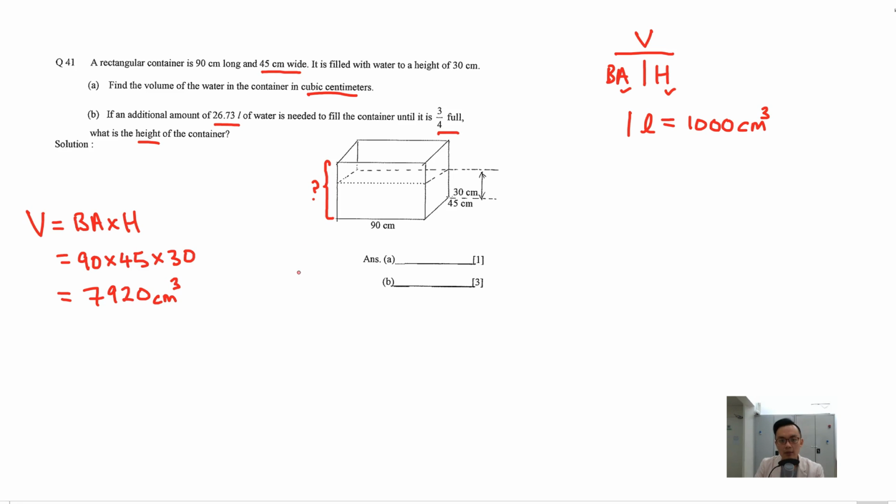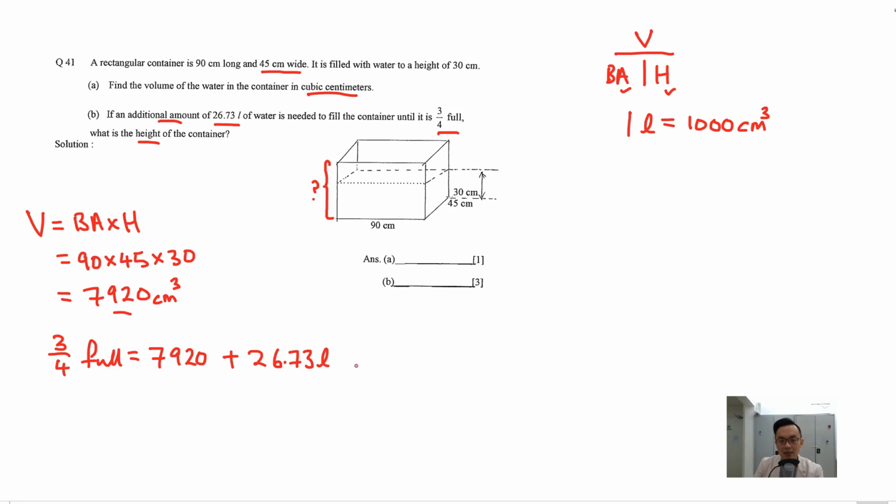Recall from here, height is volume divided by the base area. So 3/4 full equals the additional amount of 26.73 plus the original volume 7920.